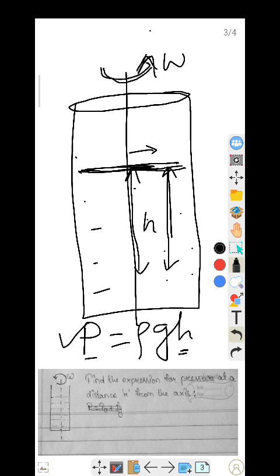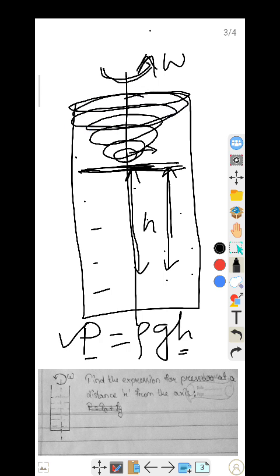If you see a tornado or cyclone, that is also rotational motion of fluid. So when fluid starts revolving about a central axis, it starts creating a cone-like structure like this.